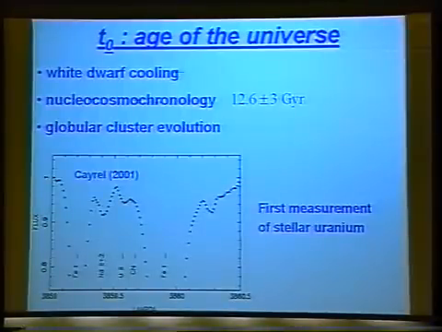Until the last year, we had to wait for something to fall on our head, wait for a meteorite, and look at the isotopic abundances in the meteorite. But in the past year, it's been possible to make the first measurement of uranium in a star, and that results in an estimate for the age of the universe of 12.6 plus or minus 3 billion years.